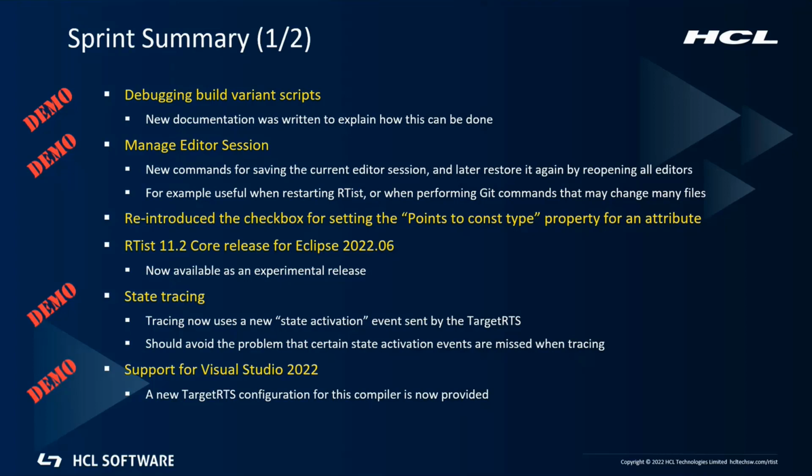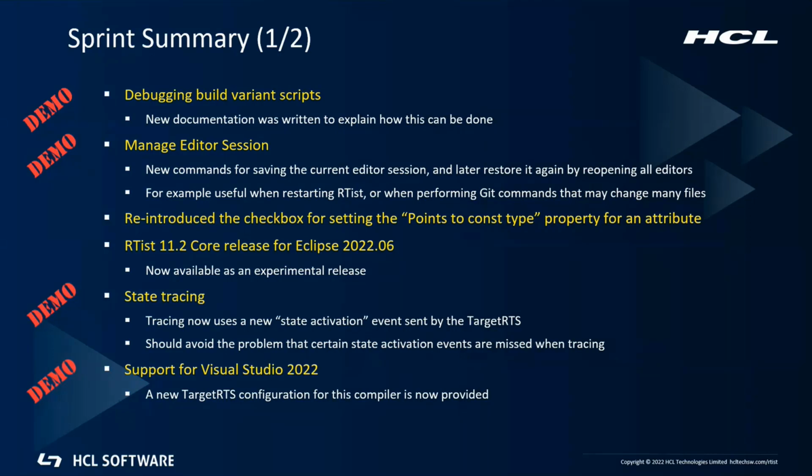Then we have worked for quite some time on improving the state tracing, and now finally in this sprint we will include it. This involves both changes on the UI side and also in the target RTS. And the state tracing now happens by means of a new state activation event, which the target RTS sends whenever a state becomes active.